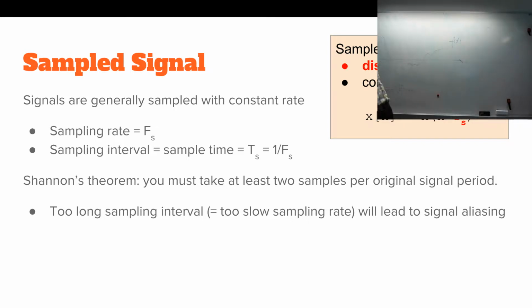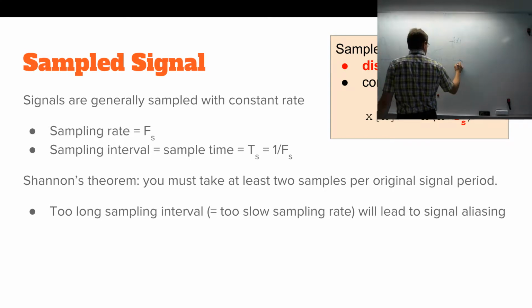And basically, Ts is the sampling time or sample time, which is simply 1 over Fs. So sampling is just that we take one sample on each of these points where the distance is just Ts. Easy.